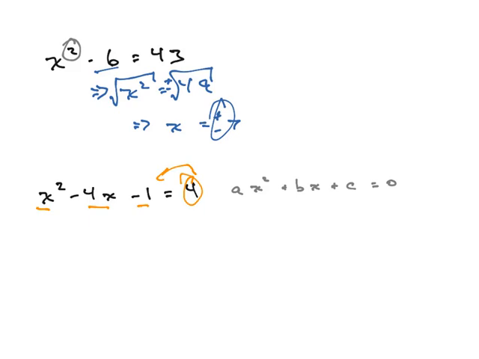So these are close, except this 4 on the right side of the equation needs to be a 0. So first thing I'm going to do is move the 4 over to the left. So now my equation is x squared minus 4x, and I'll have minus 1 minus 4 becomes minus 5. All right. And then equals 0 is still on the right.